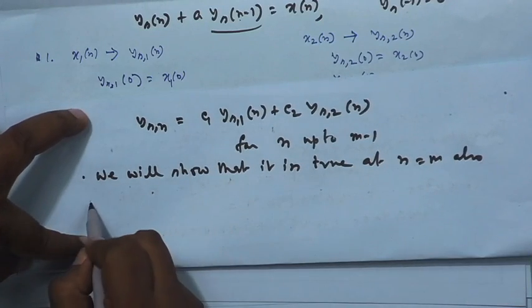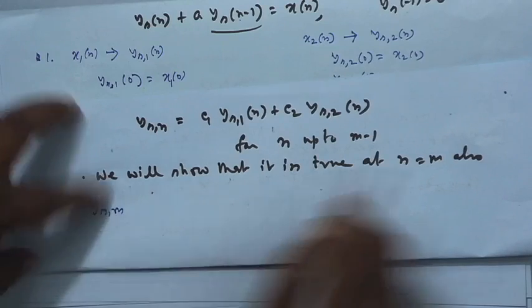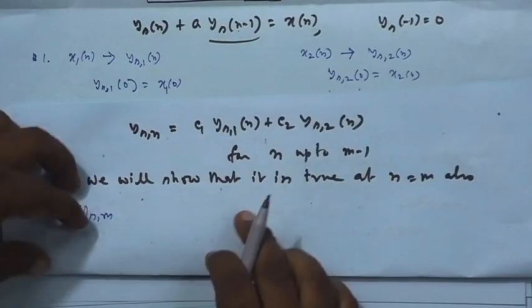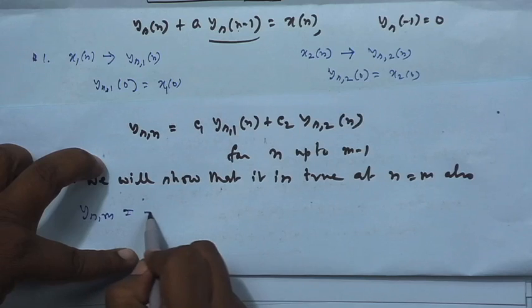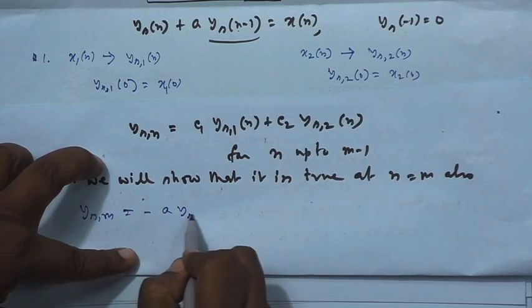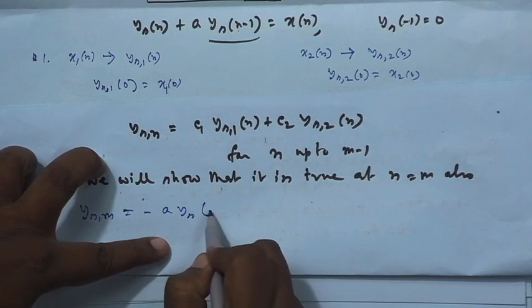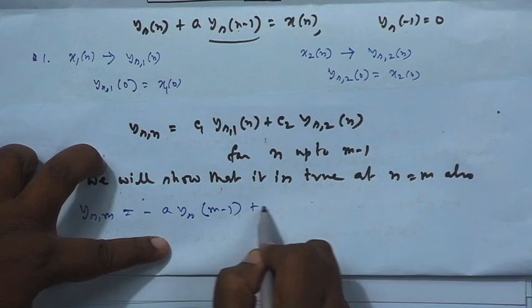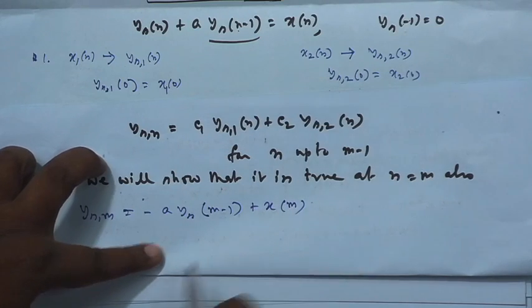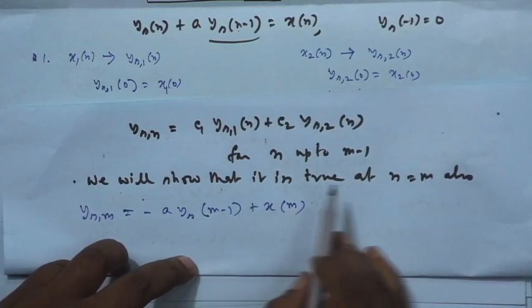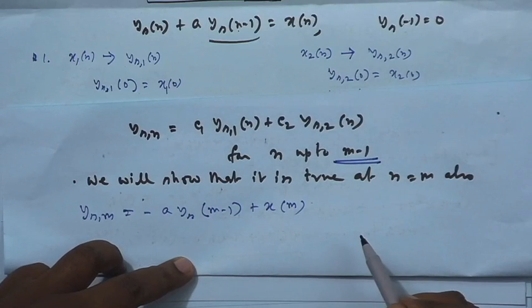So, what is y_s(m)? From this equation you can take it to the left hand side: minus a y_s(m minus 1) plus x(m). But I have assumed that up to index m minus 1 the system is linear.